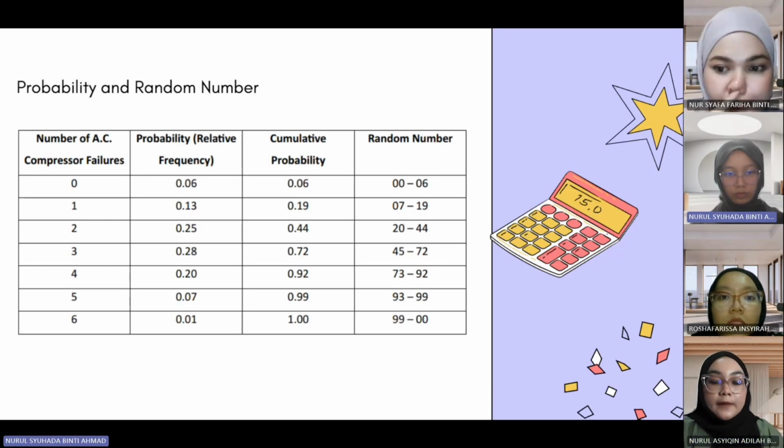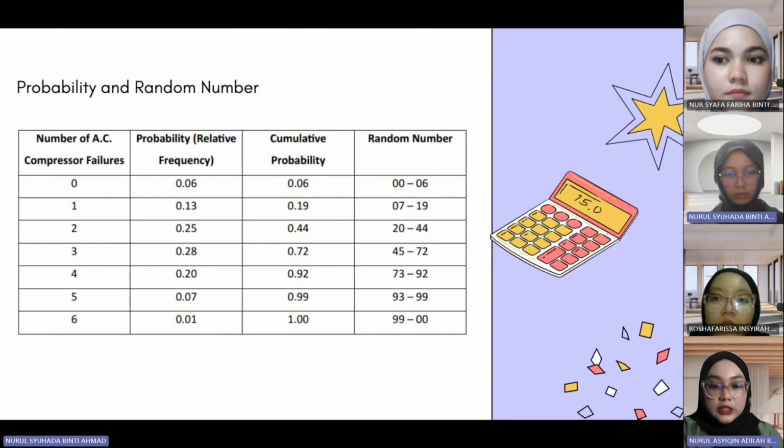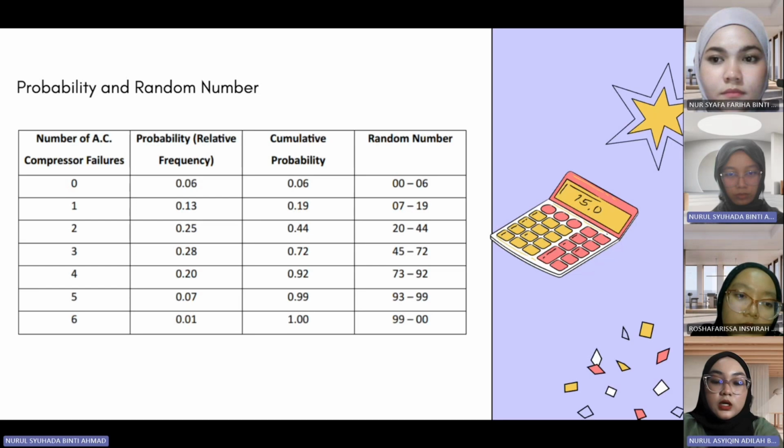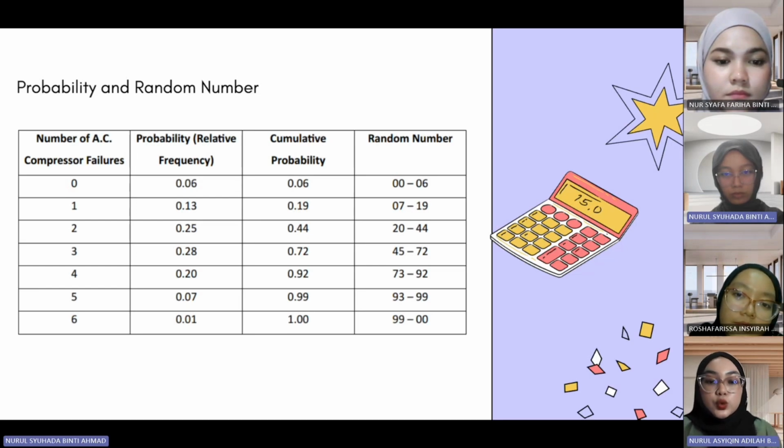And then we calculate the cumulative probability and map them to a random number ranges. For example, 0 failure corresponded to random number 00 to 05. So 1 failure corresponds to 06 and to 07 to 19.